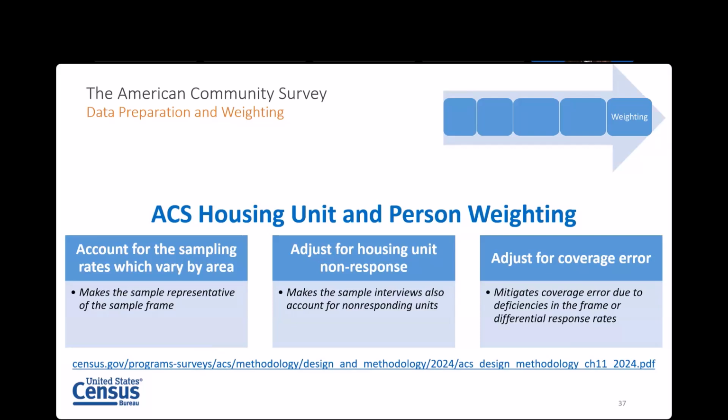Additionally, an adjustment is necessary to capture the housing units that were selected and never responded. And finally, adjustments for coverage error minimize any deficiencies that may occur as a result of the frame itself or varying response rates. If weighting is a process you want to dive into deeper, check out Chapter 11 of the Design and Methodology report.